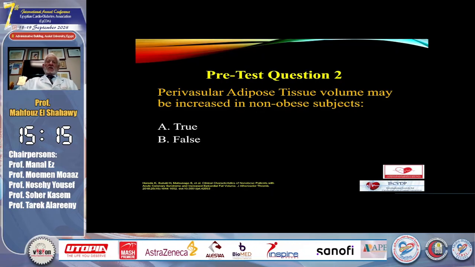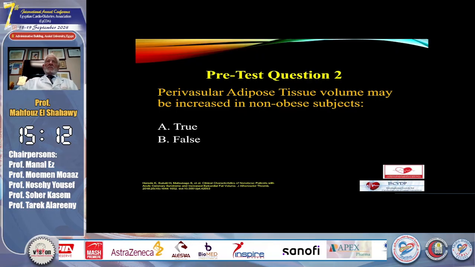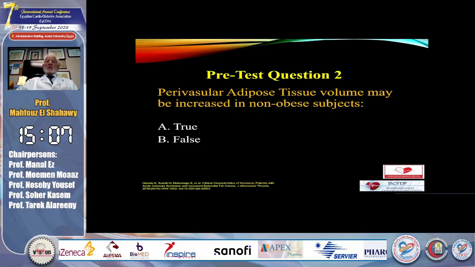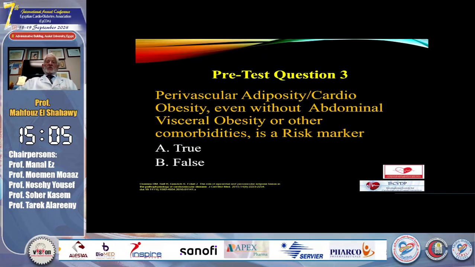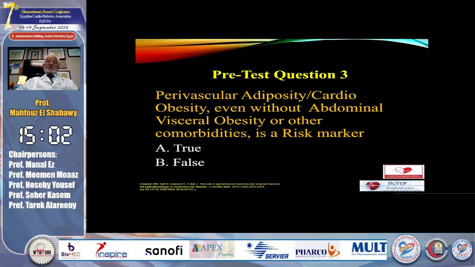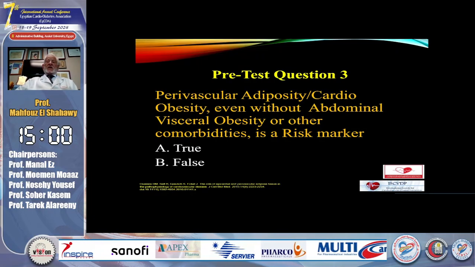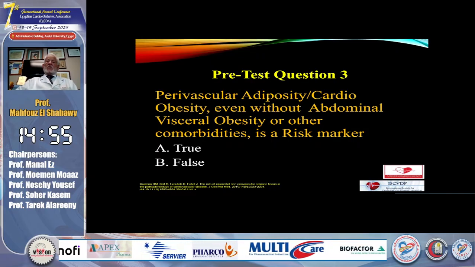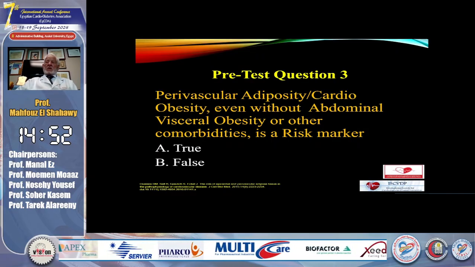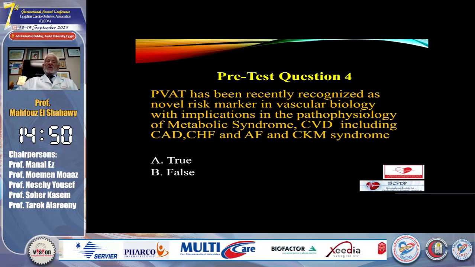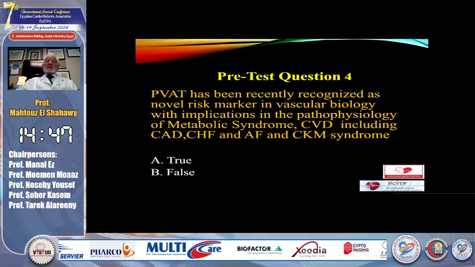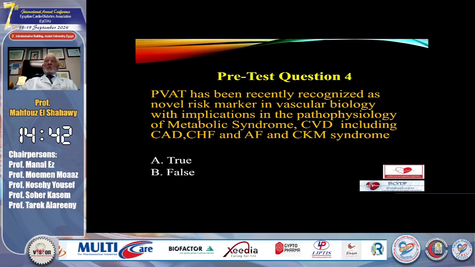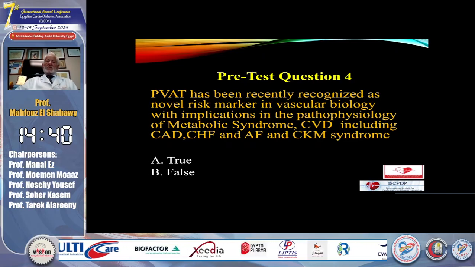Yes, look at the Chinese and Asians who are slim and trim, but yet have problems with cardiometabolic syndrome due to increased perivascular adipose tissue. Perivascular adiposity, even without abdominal visceral obesity or other comorbidity, is a major risk marker. Yes, perivascular adiposity has recently been recognized as a novel risk marker in vascular biology, and I hope you will get more familiar with it in the future.